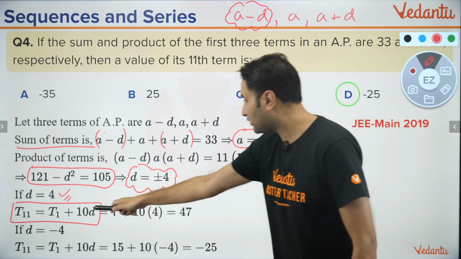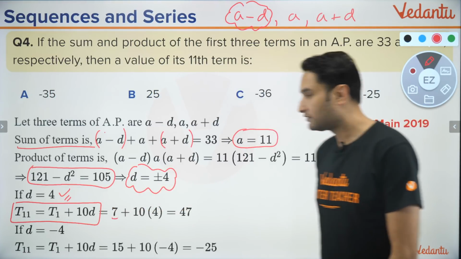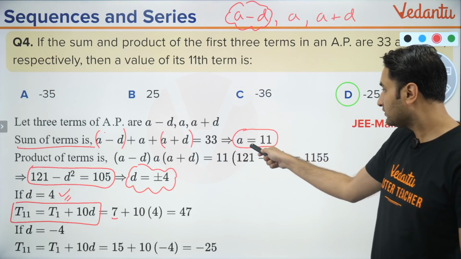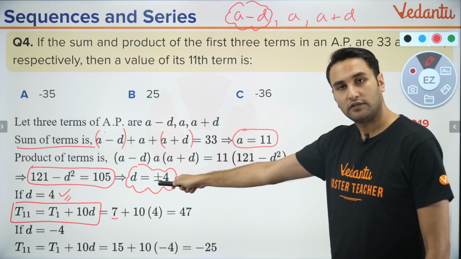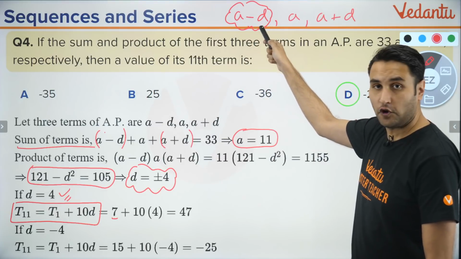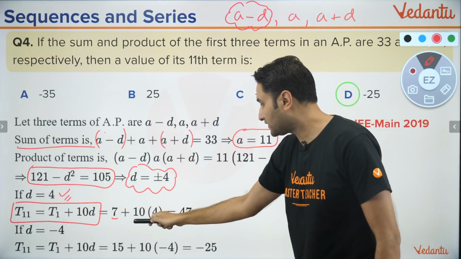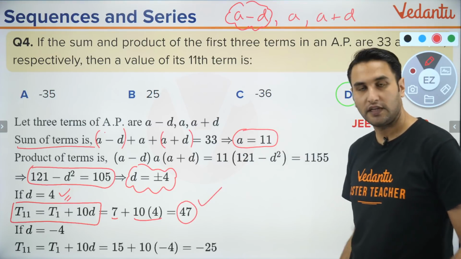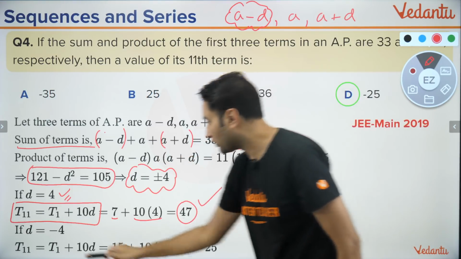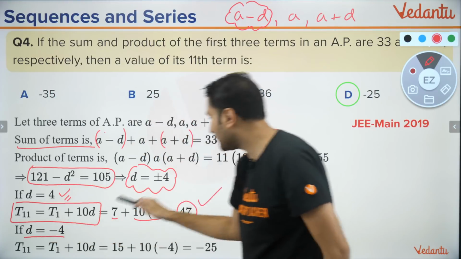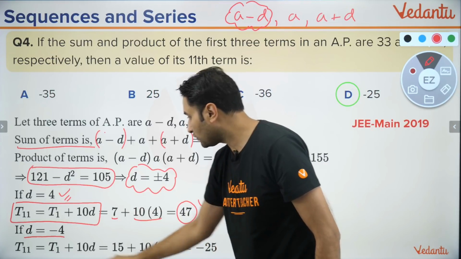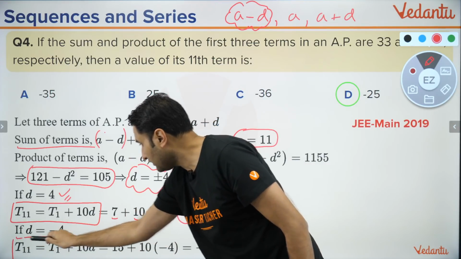So the first term will be 11 minus 4, that is 7. 7 is the first term plus 10 times D. 47 is the 11th term. If you take common difference as 4, and if you take it as minus 4, because two values of D are possible, if you take D equal to minus 4, children, how much will T11 be?